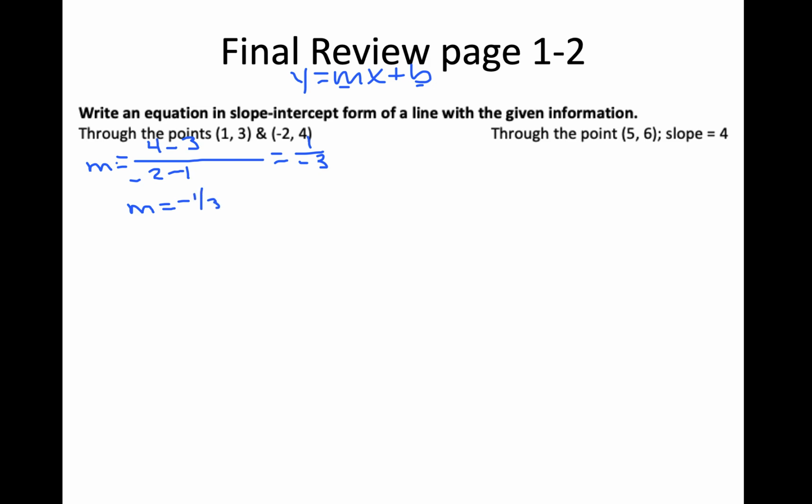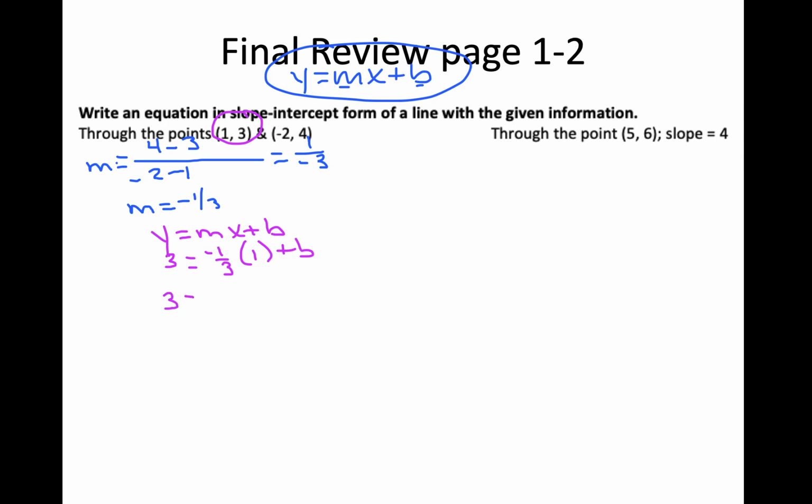So now you can either start with this equation or you can start with point slope. I'm going to start with that equation. So we have the equation y equals mx plus b. I just found slope to be negative 1/3. Now I have to find b, which means I have to use an x and a y. So I'm going to use this x and y. You can use the other one if you want. Y is 3, x is 1.